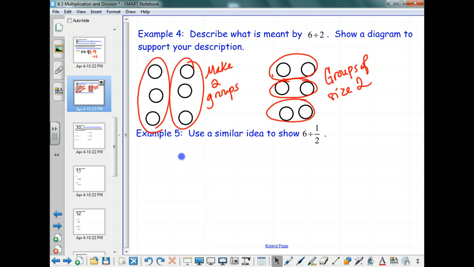Doing 2 groups, I could do groups of size 2. How many groups do I have then? 3. So the answer ends up being 3, but it's a very different sort of picture.